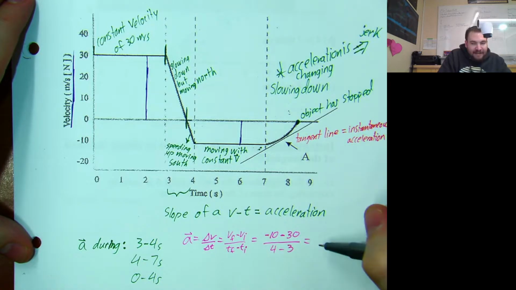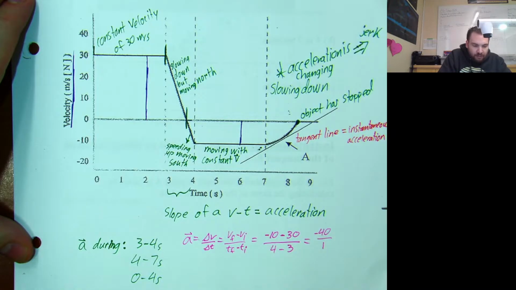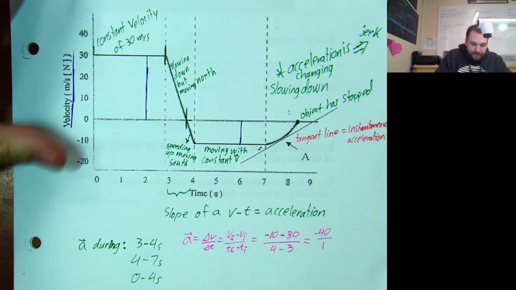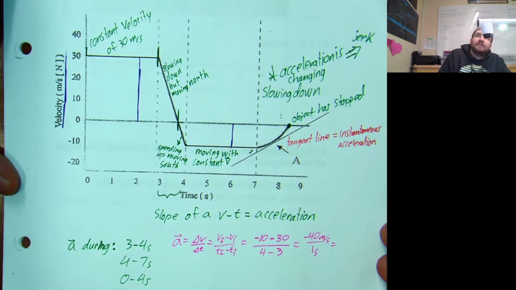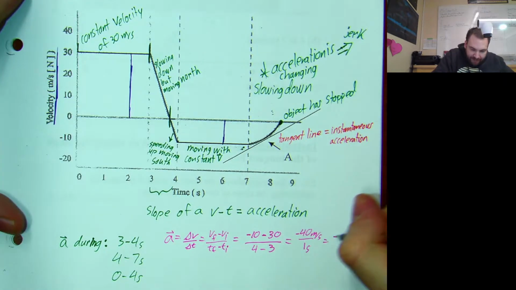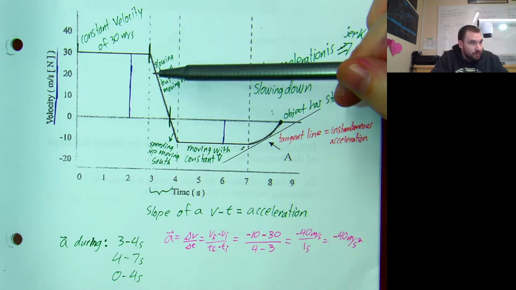So I've got negative 10 minus 30 over 1. It's negative 40 over 1, and this is meters per second, and this one's in seconds. So then what's my slope there, or what's my acceleration? Negative 40 meters per second squared. This thing's accelerating rapidly. This is a substantial change in not a lot of time.